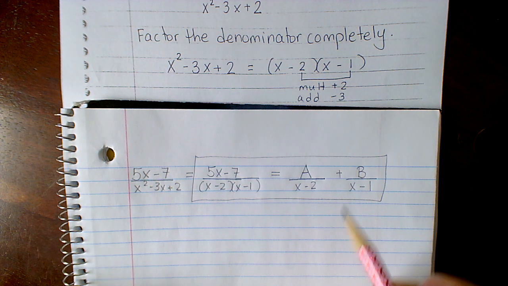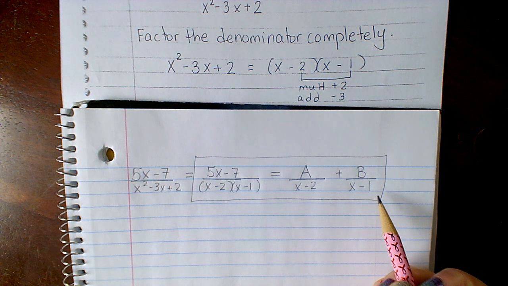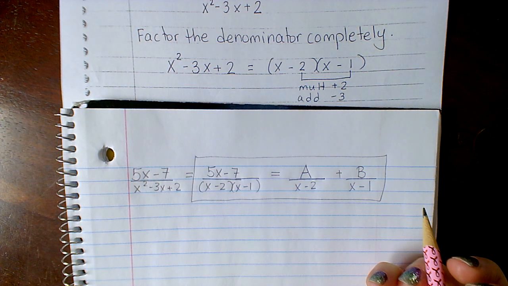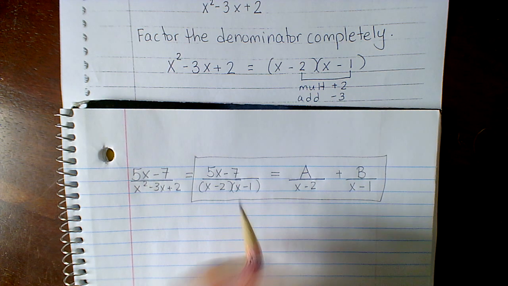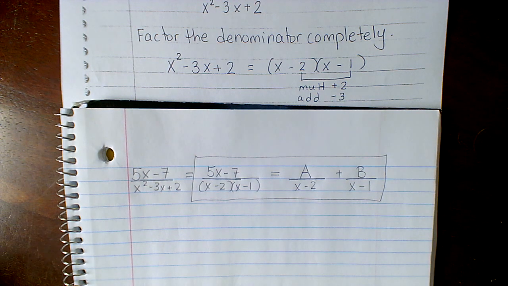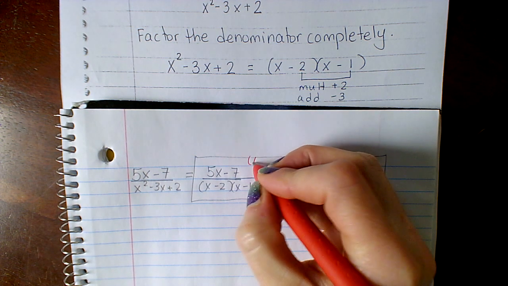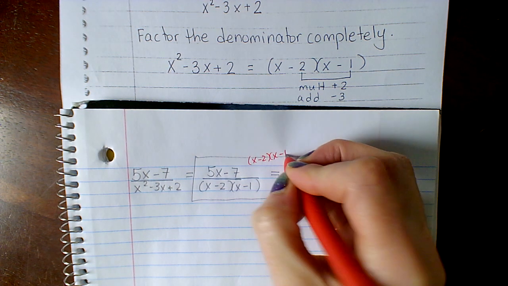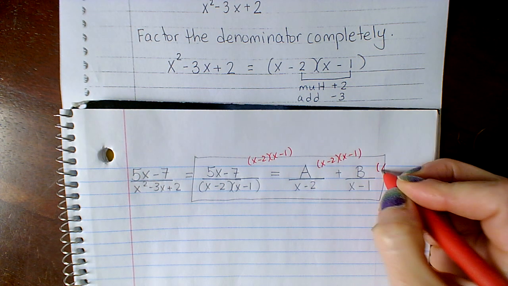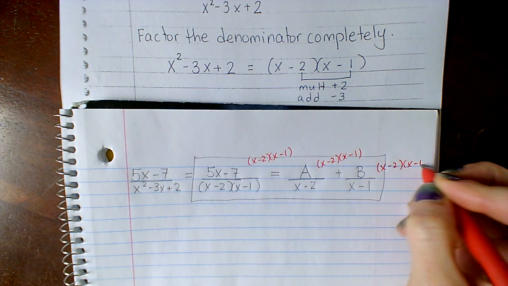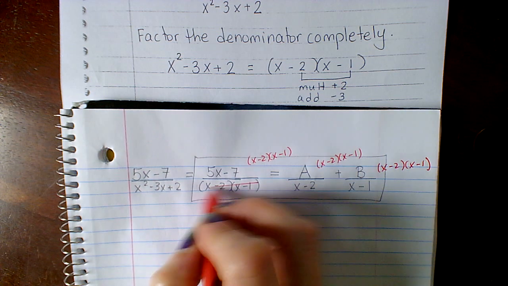Well, how are we going to go about that? There's actually two different ways that we can go about this. We can go about this algebraically by multiplying both sides by the least common denominator. If we do that, and let's say we multiply both sides by the least common denominator, those will cancel.